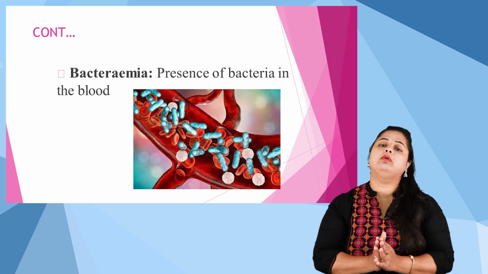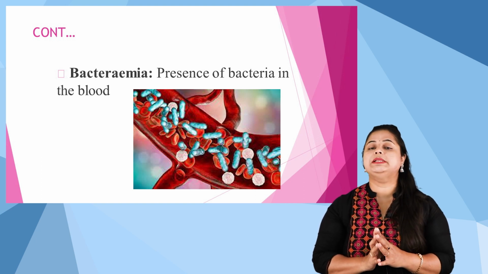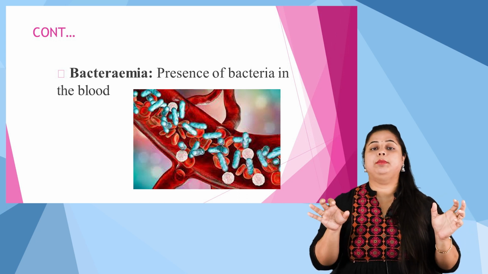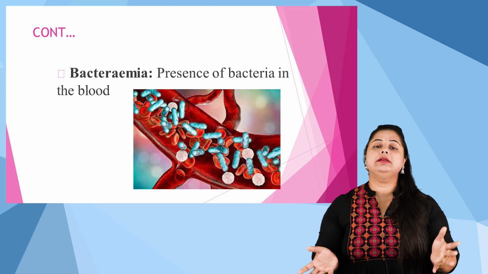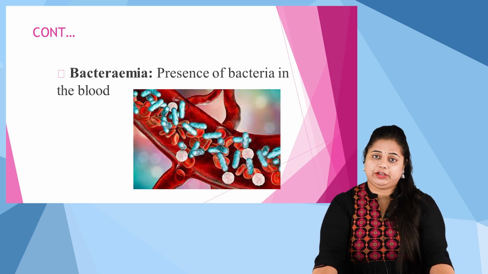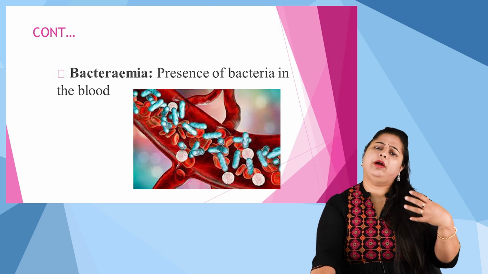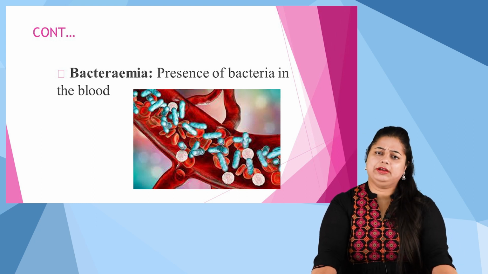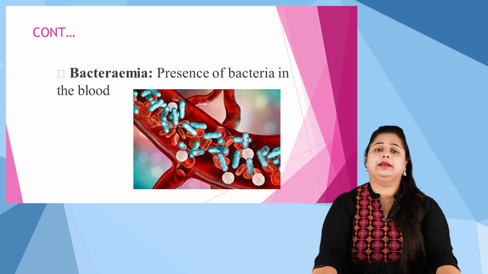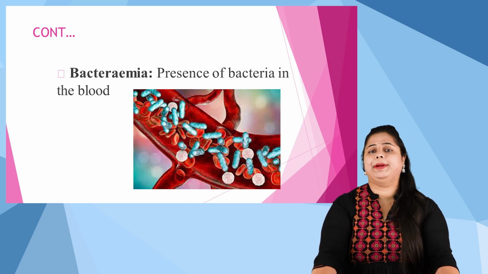Bacteremia is also one type of infection. Bacteremia means bacteria inside the blood, especially when there is a hematogenous infection. That means any part of the body gets infected and this infection is passing through the blood, then obviously blood will have bacteria.